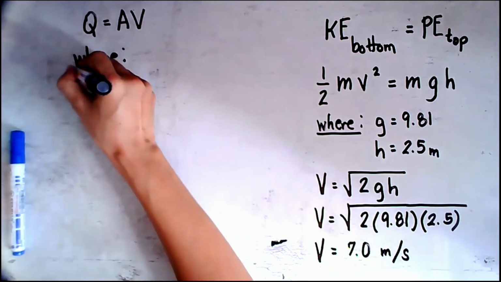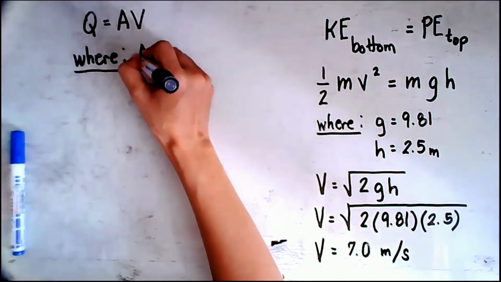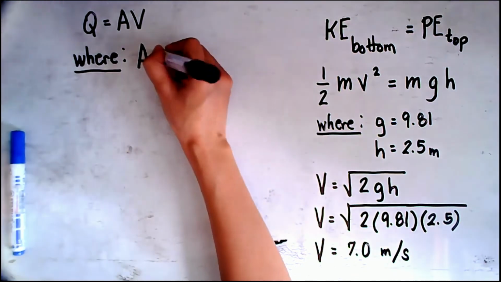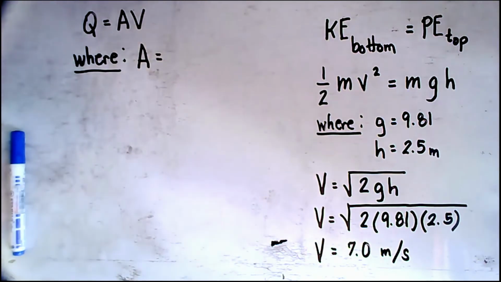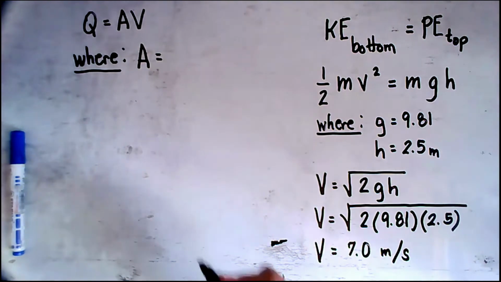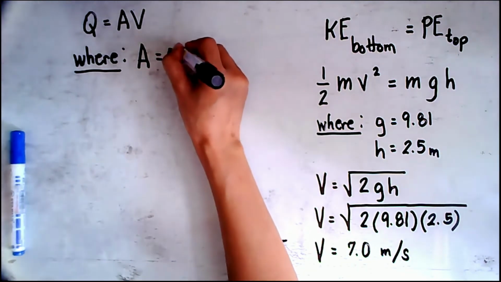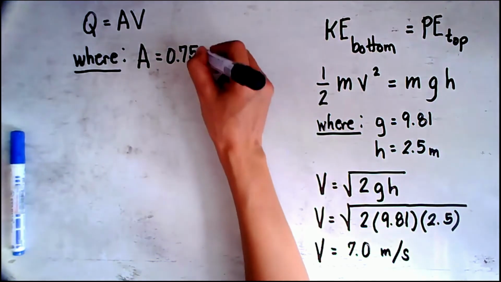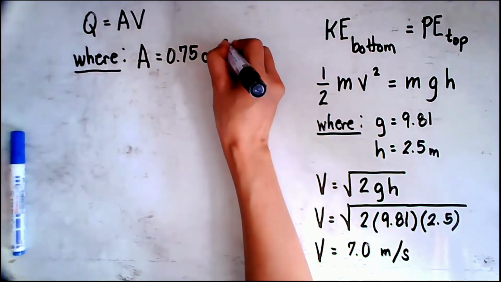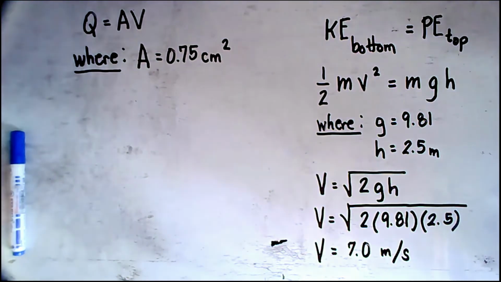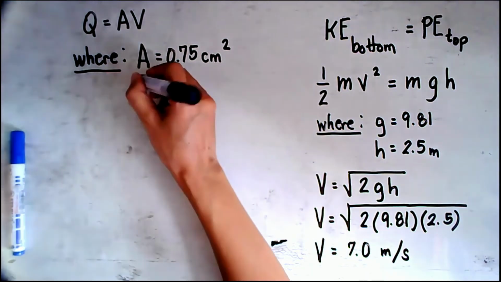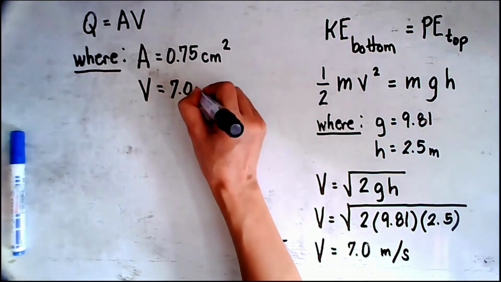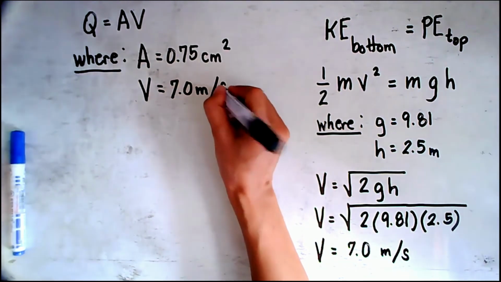According to the problem, the end opening of the hose has an area of 0.75 square centimeter, and the velocity is 7.0 meters per second.